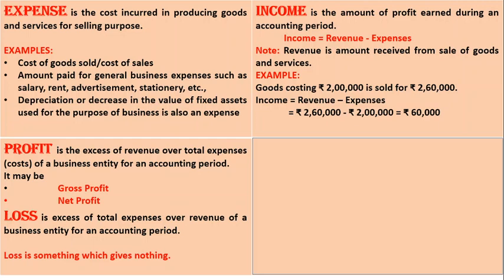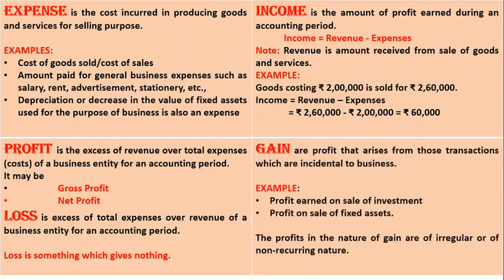If goods are lost by theft, or the goods are destroyed by fire, what will happen? There is a loss. The goods are destroyed. Your quantity of goods is decreased, but no income has been received, or no revenue or sale price is received. So this is something which gives you nothing. So that is the loss.